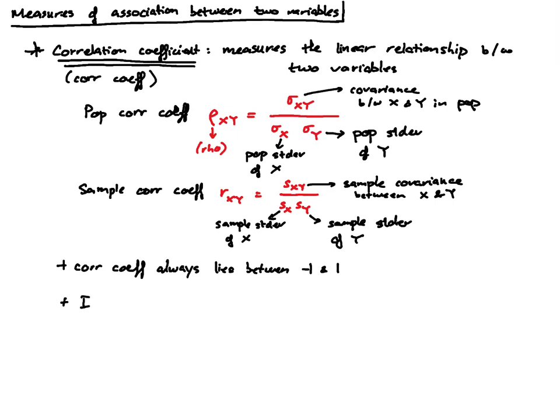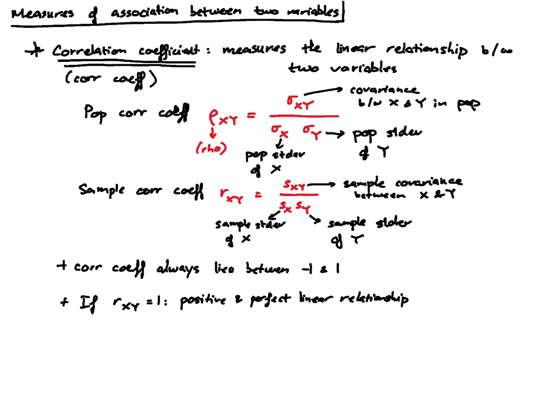Okay. So if the correlation coefficient is 1, so if Rxy is equal to 1, then there is a perfect positive linear relationship.